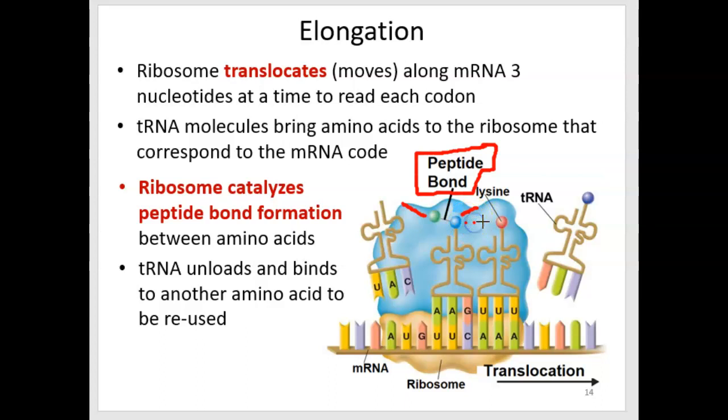Eventually there will be another peptide bond formed between the blue ball and lysine. Okay. Now the transfer RNA that has dropped off its amino acid, like this one I just circled, it can go get another amino acid and be reused. So that's a benefit.